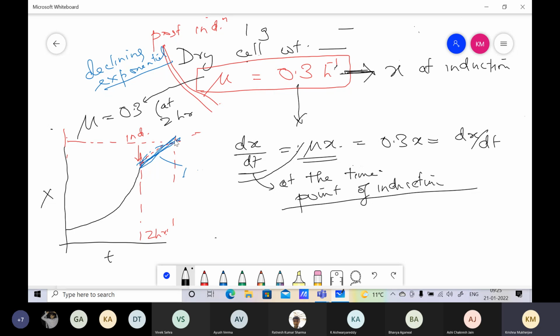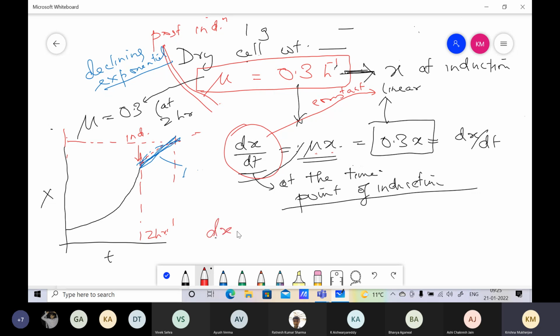And in the next 2 hours, this 0.3X is now fixed because I am saying it is linear growth. So dx by dt is now a constant. Notice it is not mu into x which is constant, it is dx by dt which is constant, which means mu into x is a constant, which means as x increases, mu declines. In exponential growth, mu is a constant.